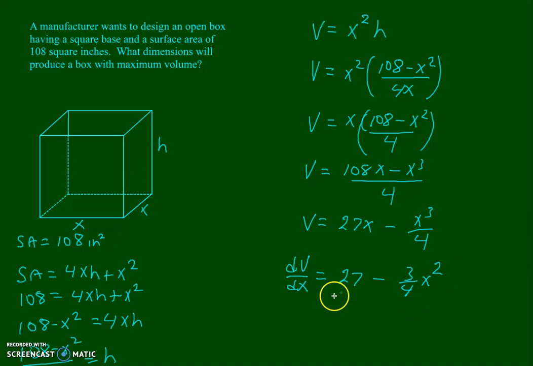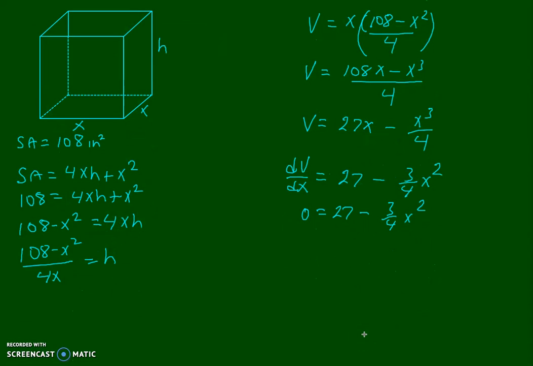Now we're looking for extrema, so we set this equal to 0. 0 equals 27 minus 3/4 x squared, and that will give us 3/4 x squared equals 27. And 27 divided by 3 is 9. 9 times 4 is 36. So x squared equals 36, and x is plus or minus 6.